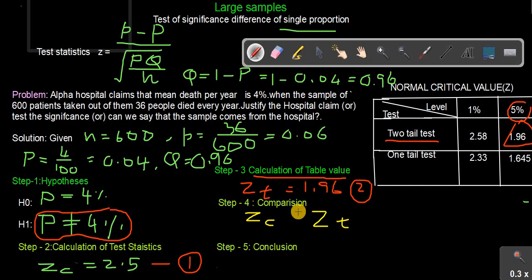Since the calculated value is greater, H0 should be rejected. Which implies H0 is rejected.